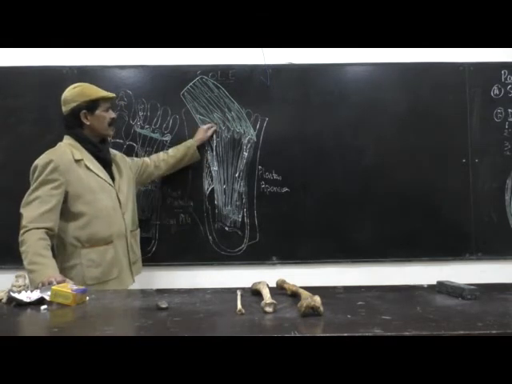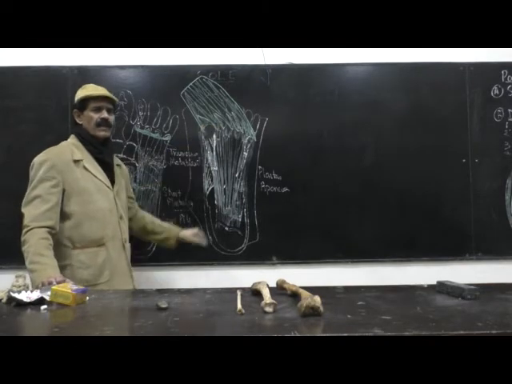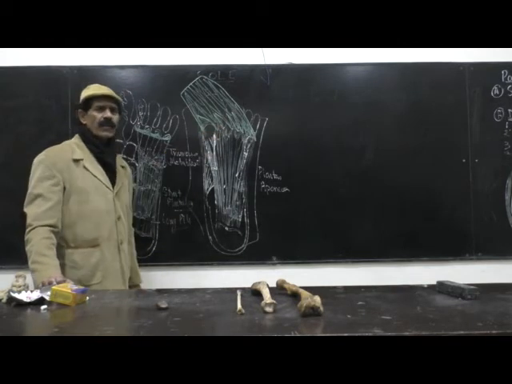The flexor expansion is attached to the fibrous capsules of the interphalangeal and metatarsophalangeal joints, plus the ligaments attached to these small joints of the digits.